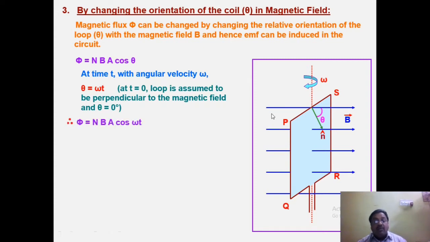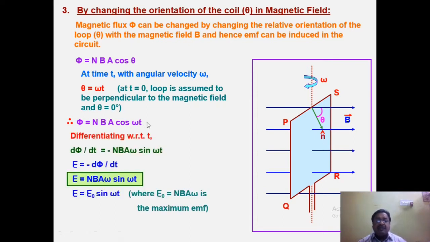So phi will be equal to NBA cos omega t, because substituting theta by omega t, we get phi equal to NBA cos omega t. Now let us differentiate phi with respect to time. So what will we get? d phi by dt will be equal to minus NBA omega sine omega t, because differentiating cos omega t, you get minus omega sine omega t.